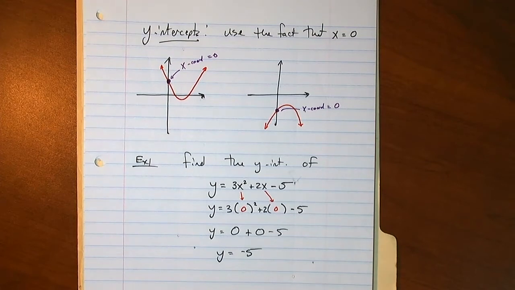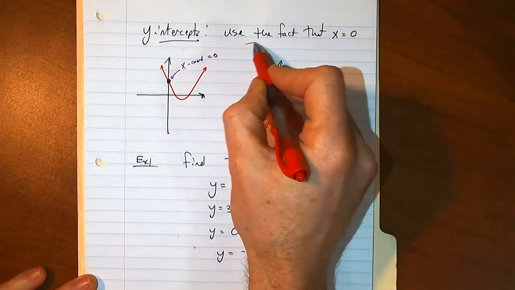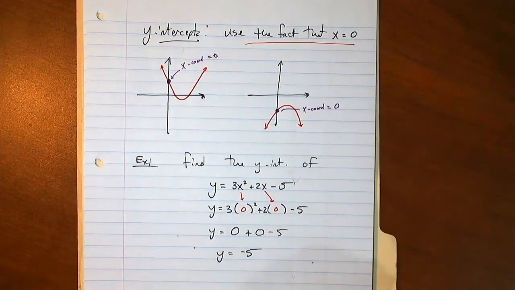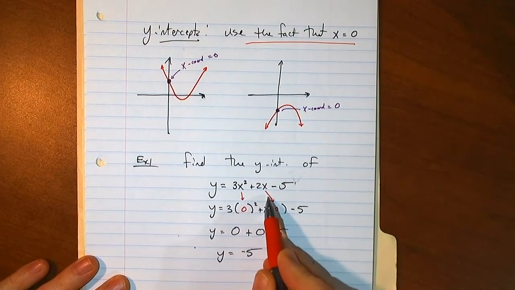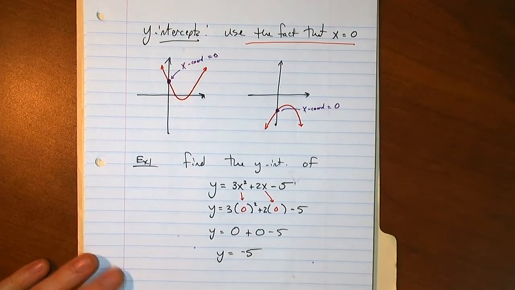Now, I will say I do have students who approach this 2 different ways, and both are acceptable and fine, and you're welcome to do it either way. When I say use the fact that x equals 0, some students interpret that as doing exactly what we've done here, plug in 0 and then simplify.